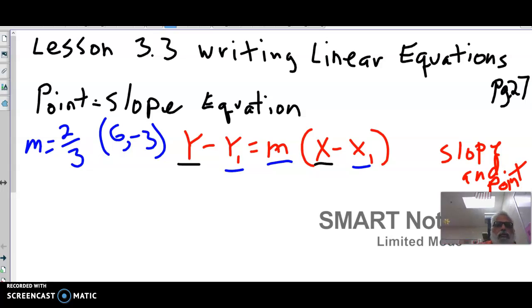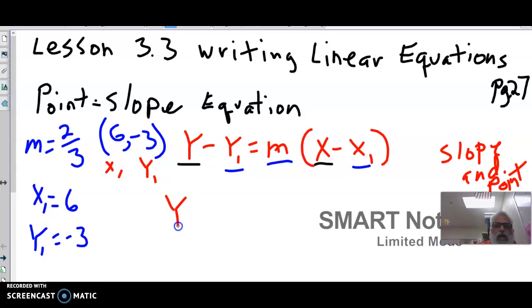Well, right away I know what my x1 is and what my y1 is. So x1 is equal to 6 and y1 is equal to -3. Now we just plug everything in.